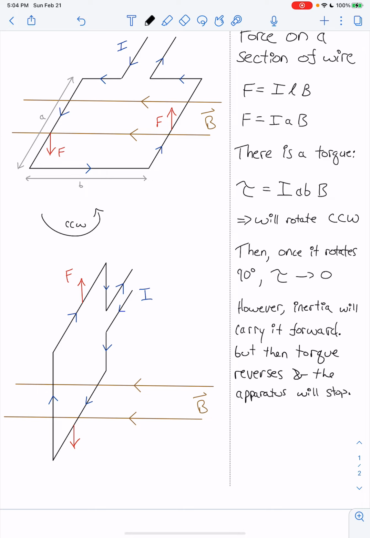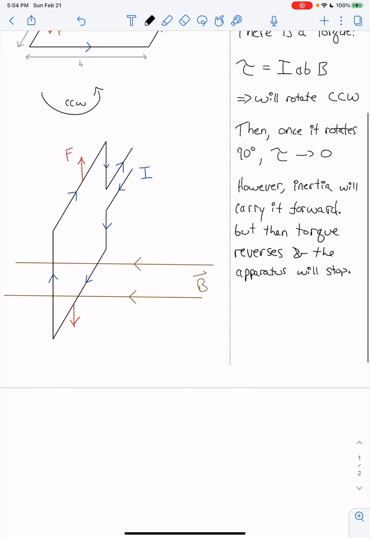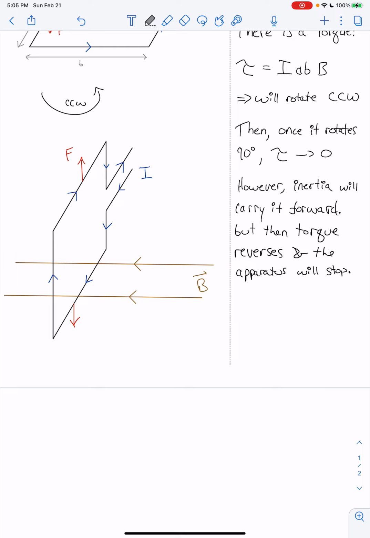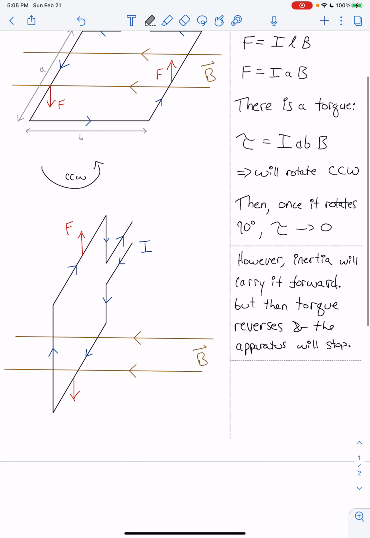It may take a few cycles to settle, but it will settle. So what we need is a way that, at that exact moment, we flip the direction of that current.